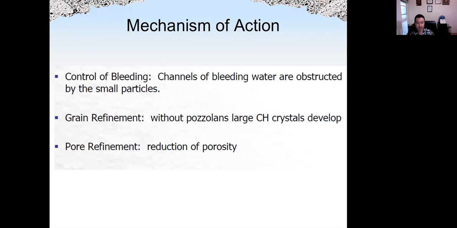This is by grain refinement, because pozzolans can transform the larger calcium hydroxide into smaller CSH. They can also reduce the porosity, which is also helpful to control the bleeding.